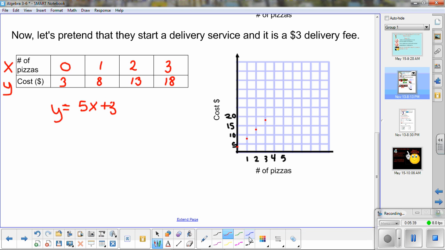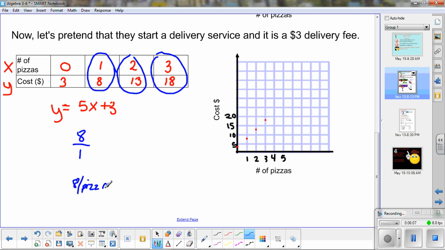Notice also, if you were to compare the ratios of y to x, except for when x is 0, the cost per pizza is not constant because 8 over 1, $8 for one pizza, that's going to be $8 per pizza. And then here, it's $13 for two pizzas. $13 for two pizzas means it's going to be $6.50 per pizza.